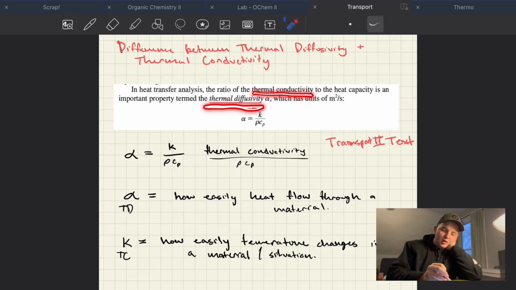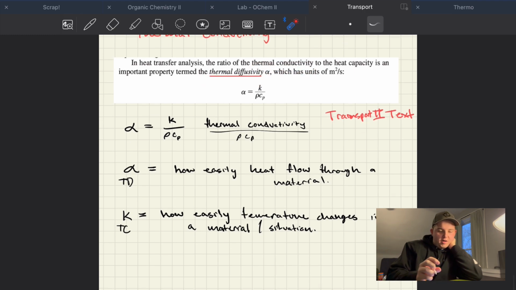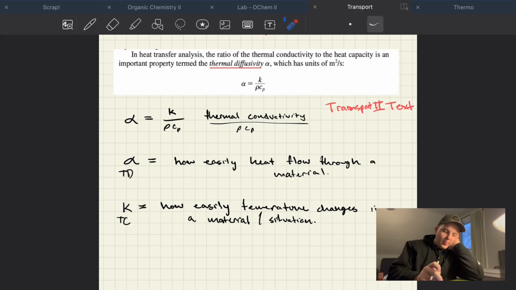Thermal conductivity is used as a value to find thermal diffusivity. It's used in this ratio in the numerator up here. And alpha, our thermal diffusivity, is how easily heat flows through a material, while our K, which is our thermal conductivity, is how easily a temperature changes in a material, and is more about that value rather than our heat.